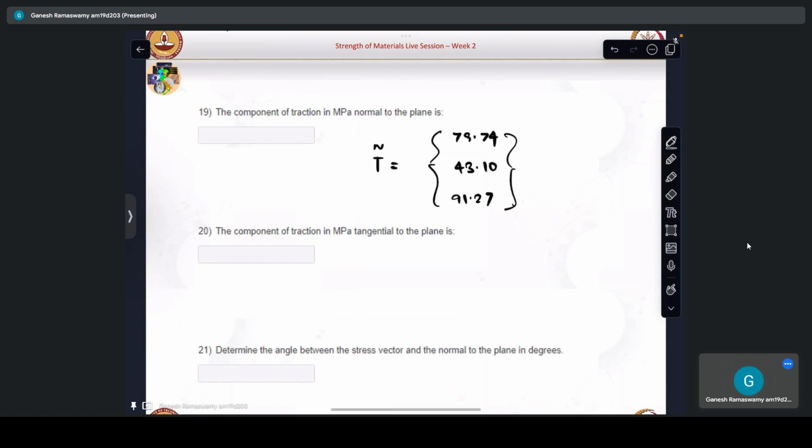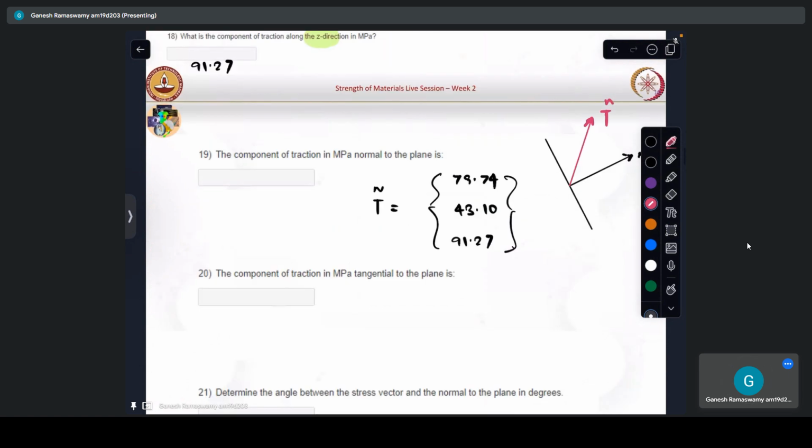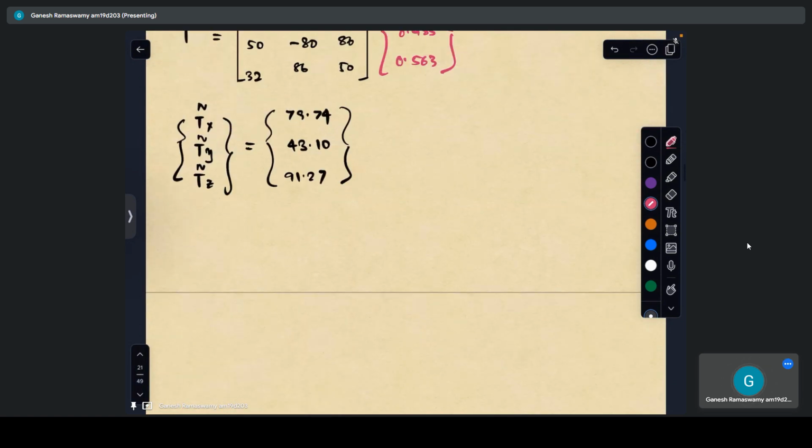So on any plane, if this is the normal and if we have the traction vector like that, we know that the projection of this onto the normal is our normal stress. So the normal stress is given by Tn dotted with n. So I can do that here.